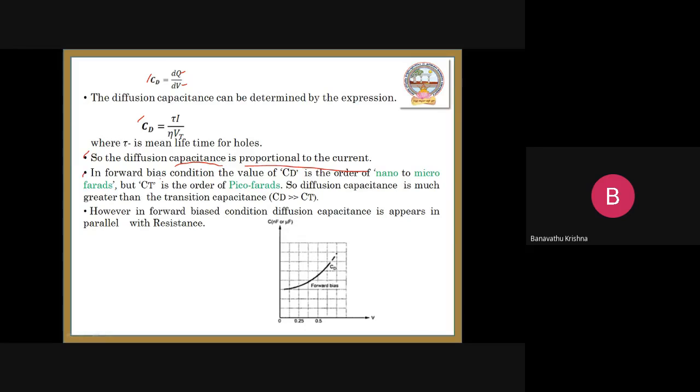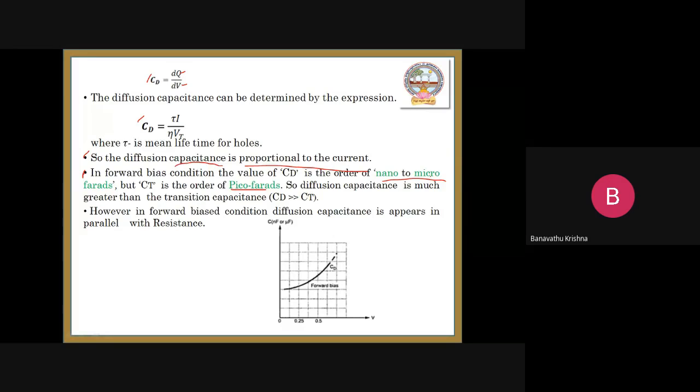Let us see the next point. In forward bias condition, the value of CD is in the order of nano to microfarads, but in transition capacitance it is in picofarads. Let us compare these two.